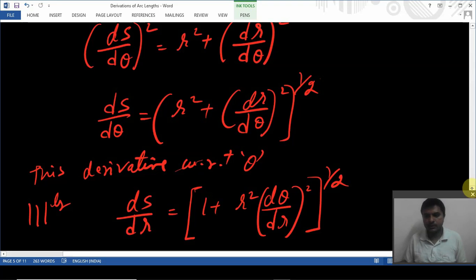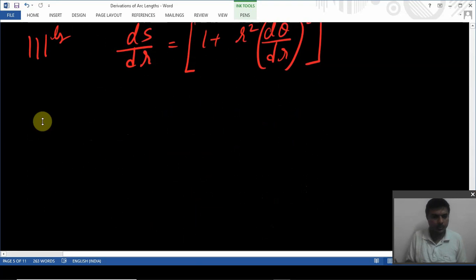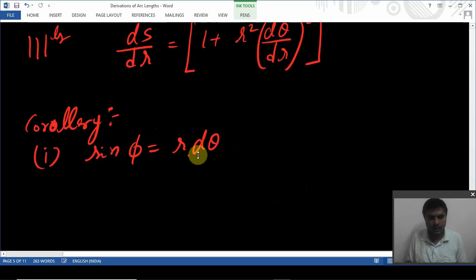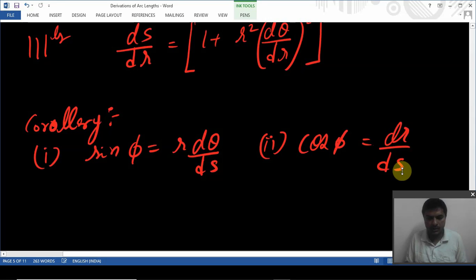Quickly, we will go with the corollary. So please remember, corollary: if psi is the angle between the radius vector OP and the tangent at P, then this is true. Sine psi is equal to r d theta upon ds. Second one, cos psi is equal to dr upon ds.